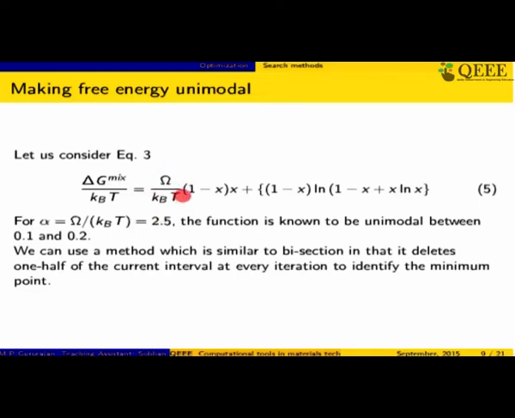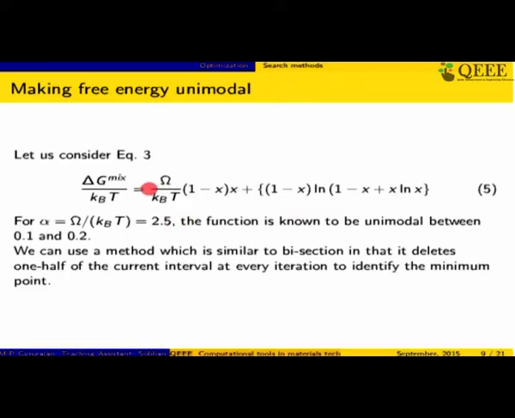When omega by kBT is 2.5, by plotting, I know that this function is unimodal between 0.1 and 0.2. Now, the interval halving method that we are going to use is very similar to the bisection method, in that it deletes 1/2 of the interval in every iteration to identify the point.